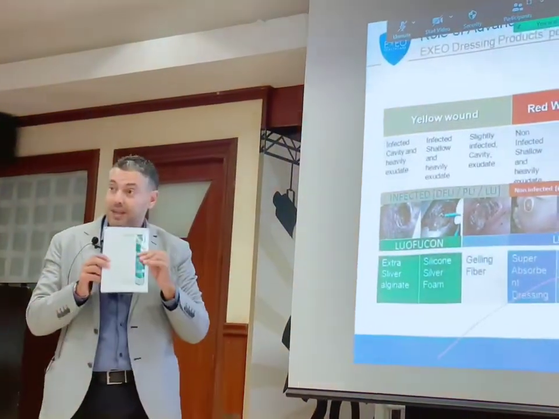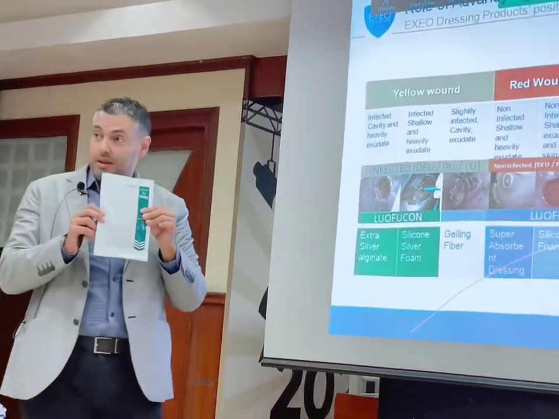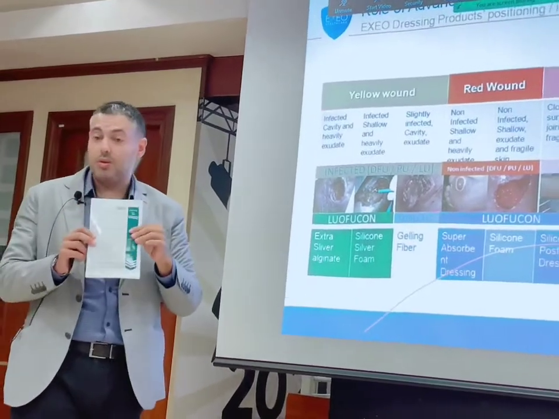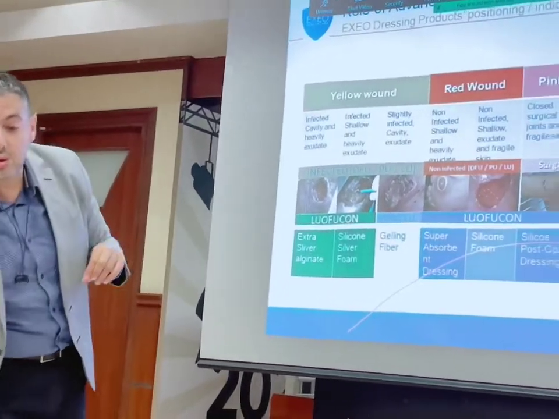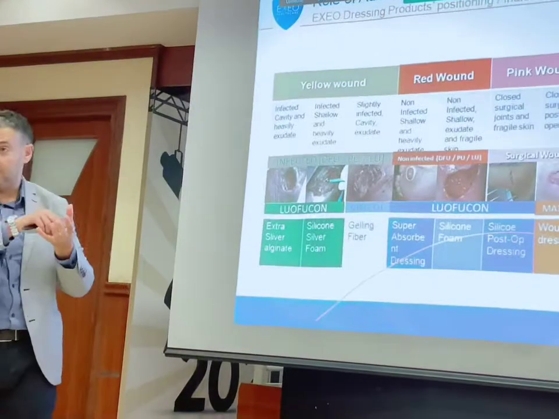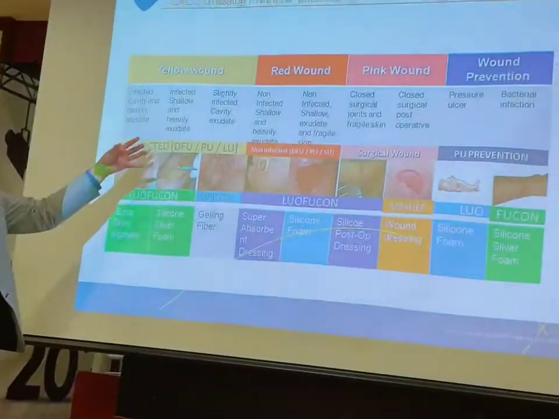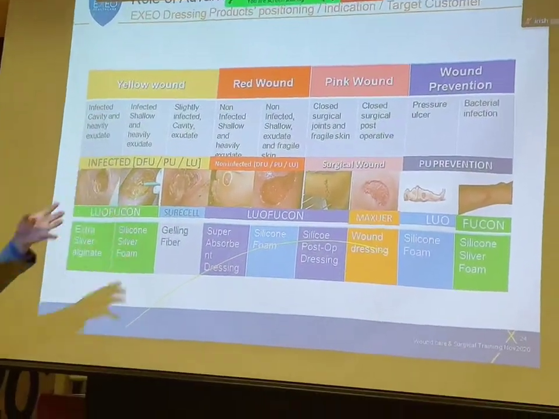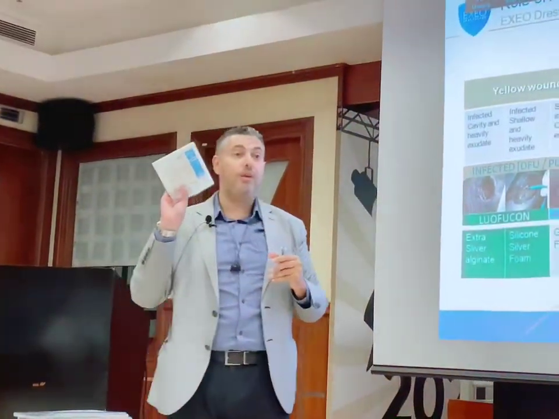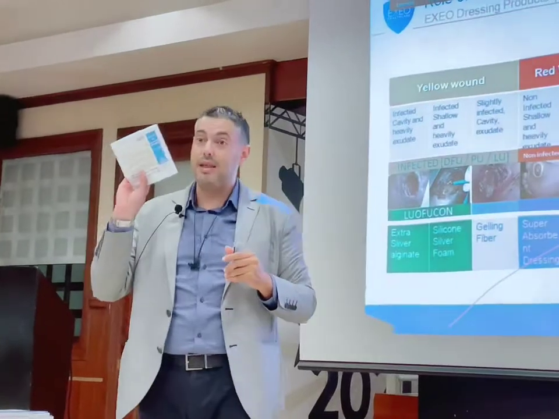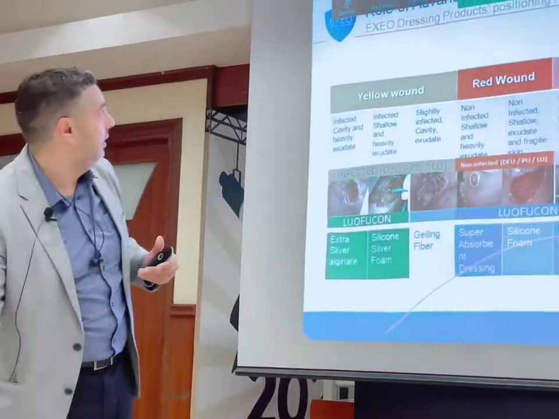It's made from alginate dressing with silver ions. We will speak about it later. You can pack the cavity wound with it. If it is an infected shallow wound, we use the Lofcon Silicone Foam 5 Layers AG, and we will speak about it later.